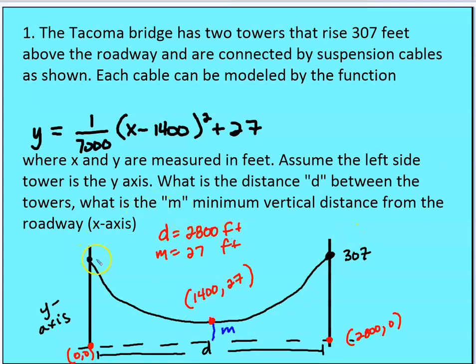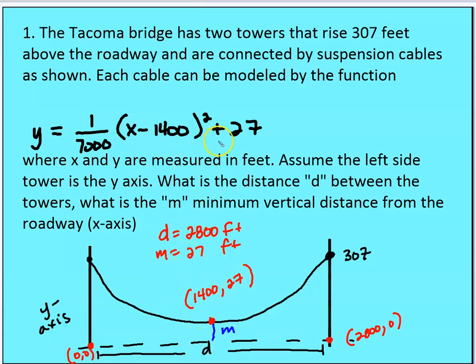is symmetric, I know that the distance here I can find by doubling the length from the origin to the vertex. So 2 times 1,400 leaves me at 2,800. So this point here is 2,800. So the distance d between the towers is going to be 2,800. And then the minimum vertical distance for the roadway is going to be 27 feet.